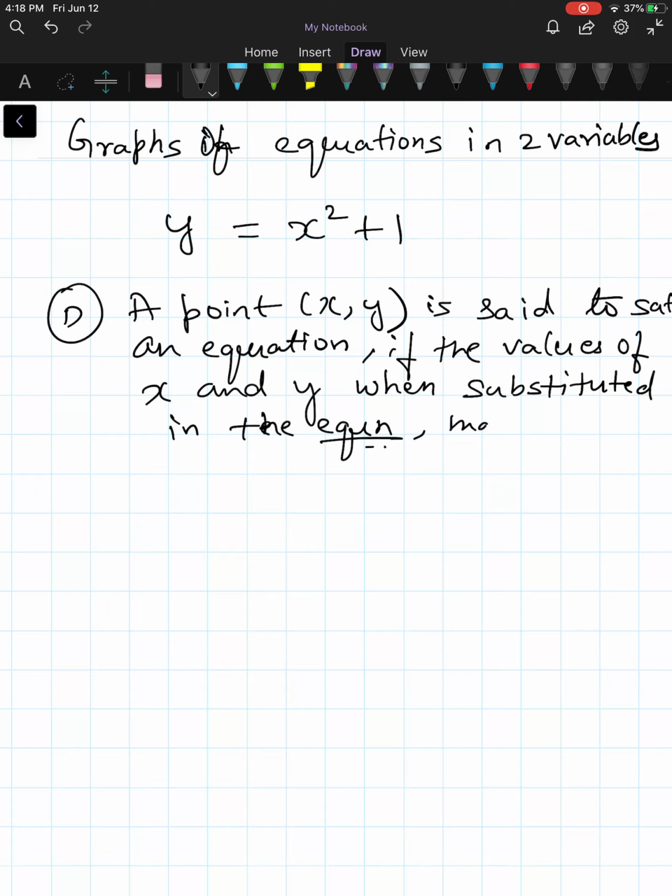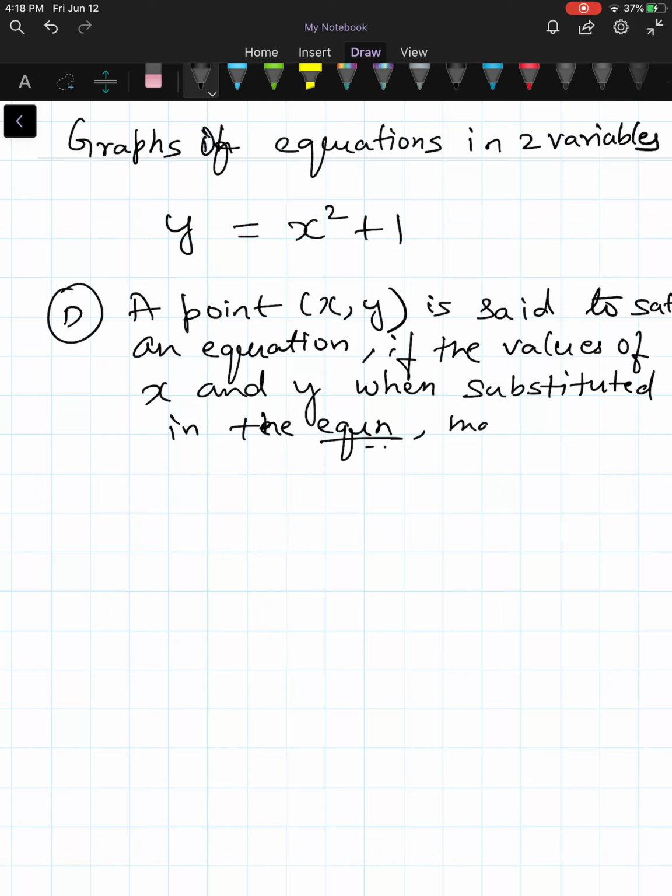So we took an example like y is equal to x square plus 1. If I consider the point (3, 10), when do we say that (3, 10) satisfies this equation? Here the x value is 3 and the y value is 10. When we substitute the x value, if we get back 10 upon solving the equation, it means that (3, 10) satisfies y is equal to x square plus 1.